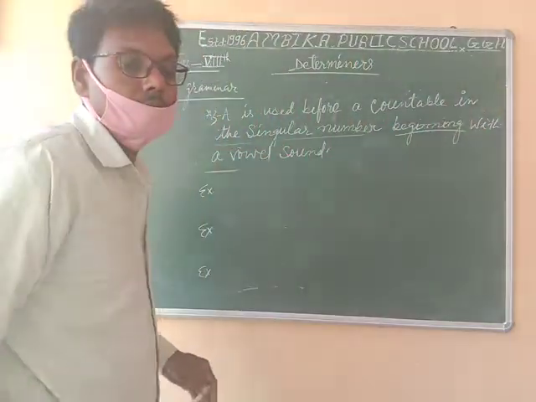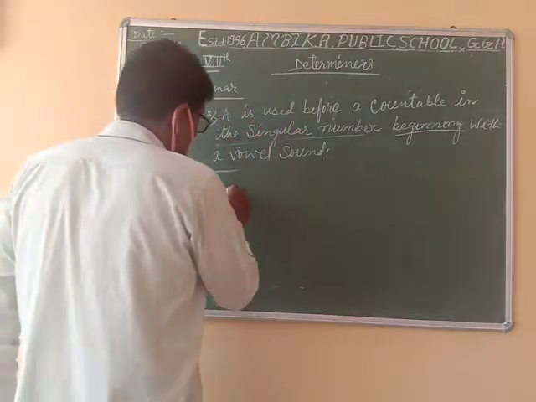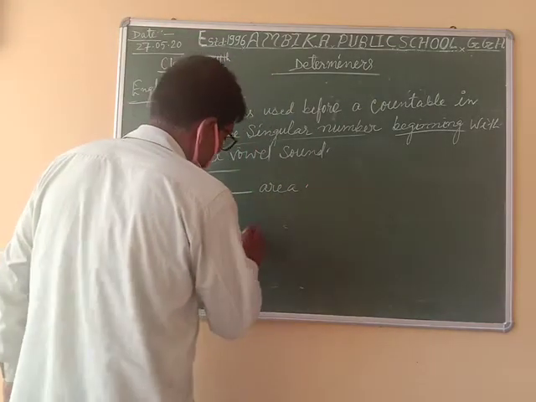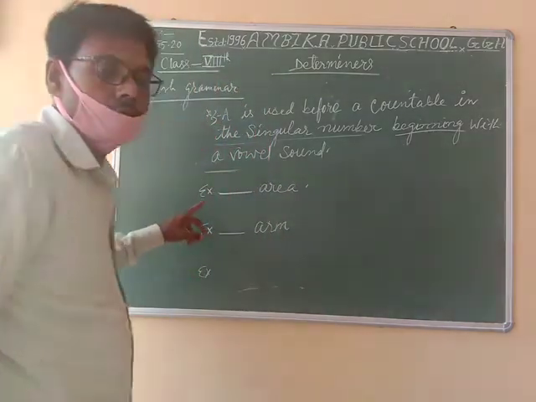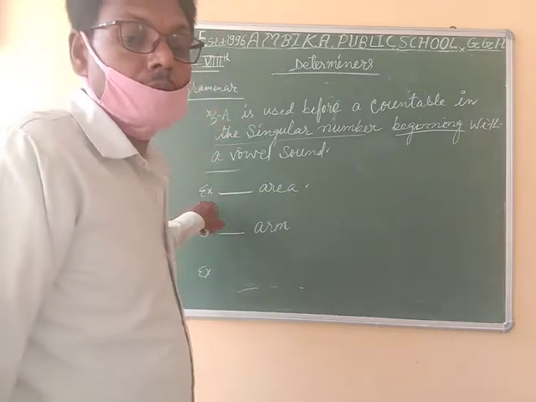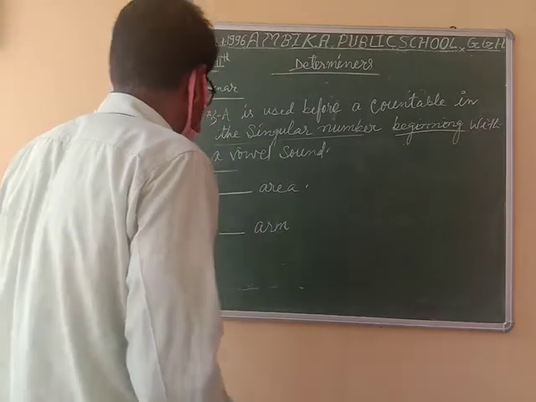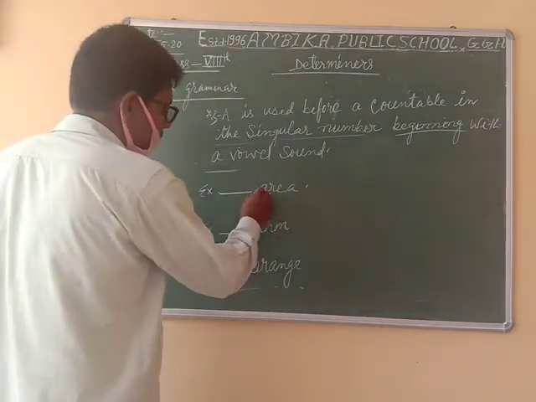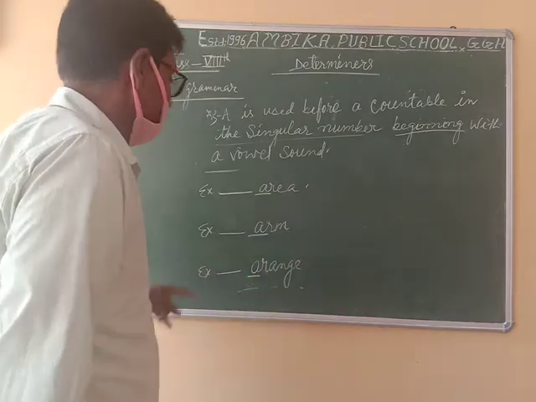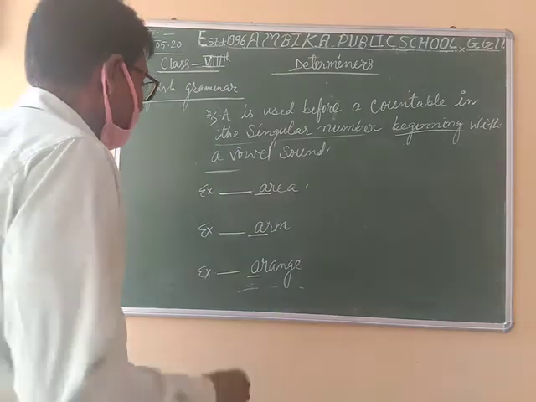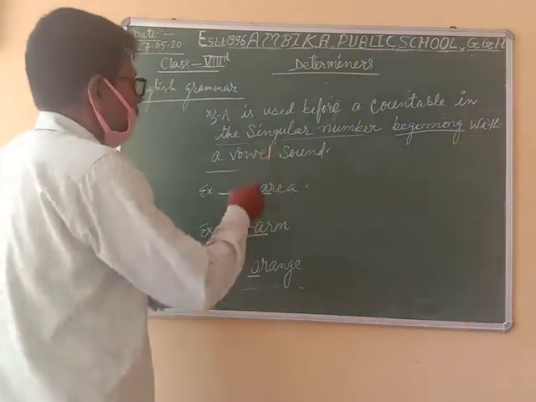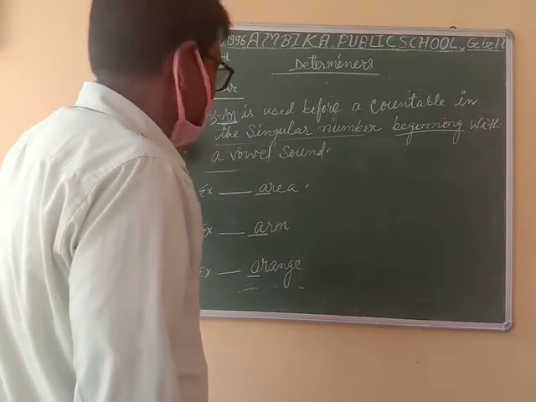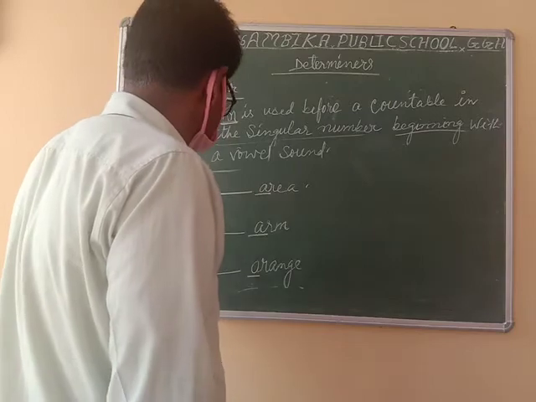Just like examples: area, arm, orange. These begin with vowel sounds, and we have to use AN in example number 1, example number 2, example number 3.